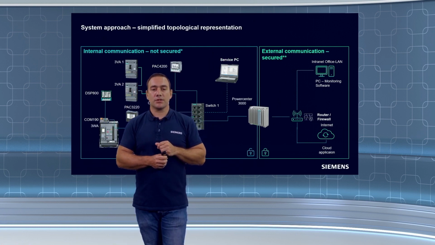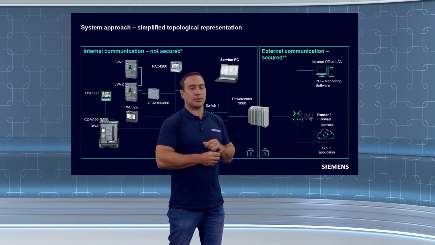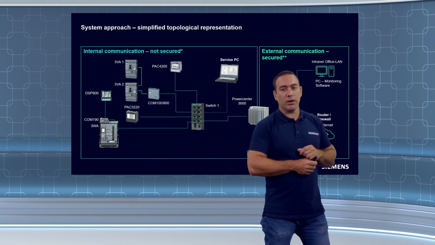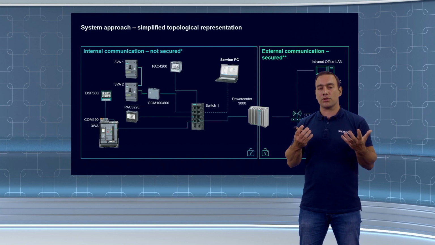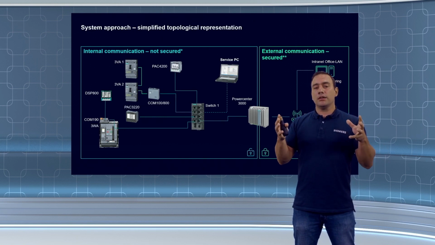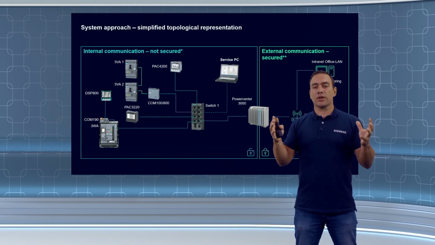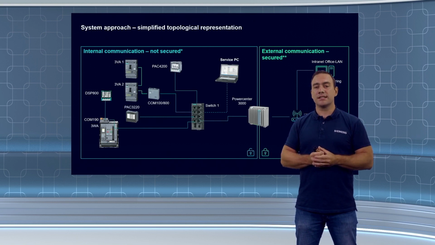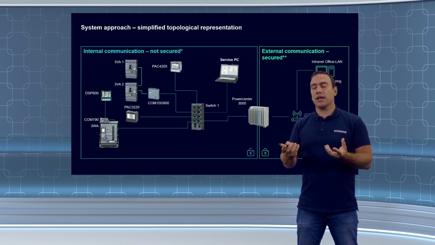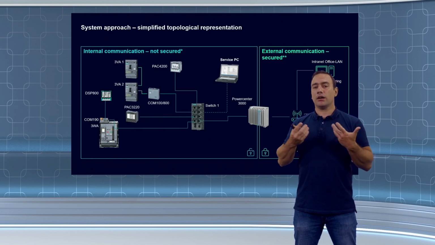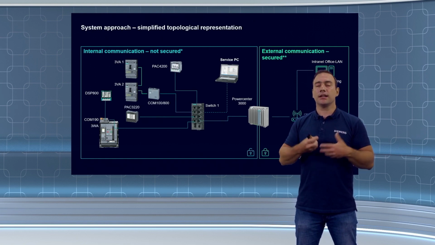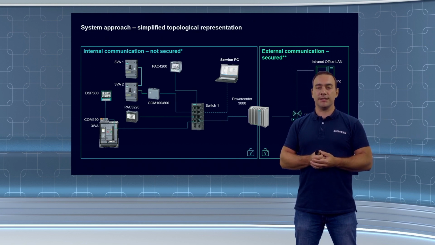Let's first have a look at the left part of the slide, where it deals with the internal communication of this power distribution. When we keep all these products together within one single network, we see that the communication within the panel is done via an Ethernet connection and is communicating via Modbus TCP.